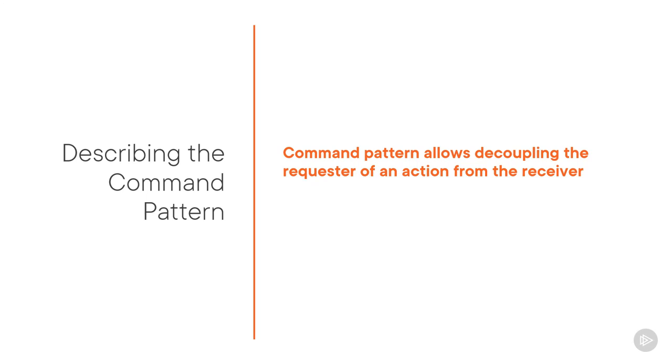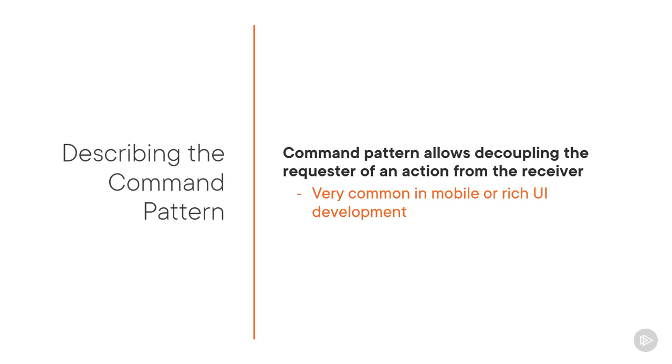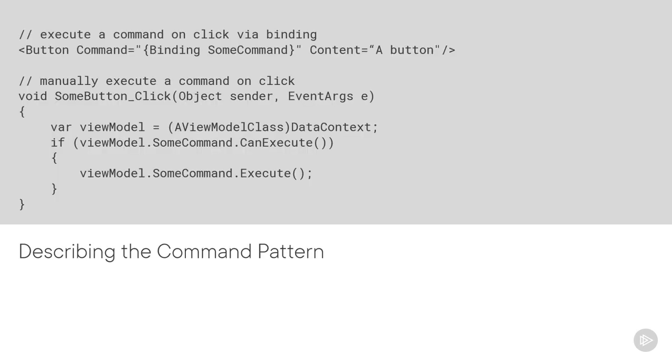This pattern is very common in mobile or rich UI development, where you would typically use the model view view model pattern combined with the command pattern for transferring UI interactions to your view model. At that level, the actual command would be implemented. A command would be bound to some UI XAML code, or if that's not possible, could manually be executed via the button click.